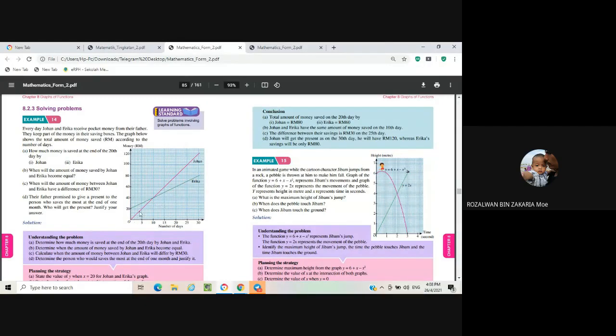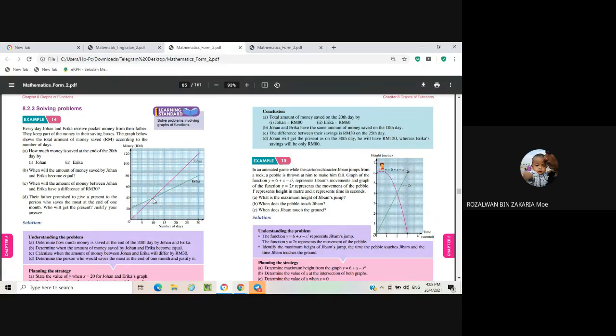What you can see here is that these two graphs intersect at this point here. So that's why you will get the answer here, it is 10 days. Class, can you understand this one? The answer for B, example 14.